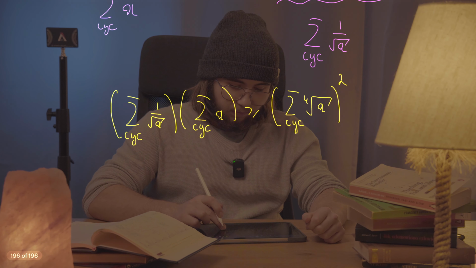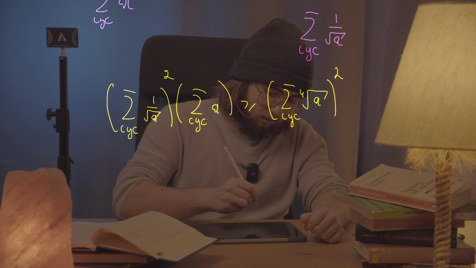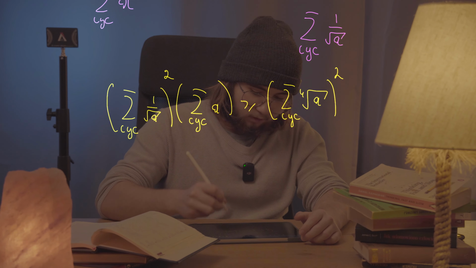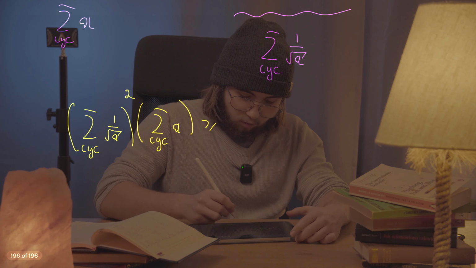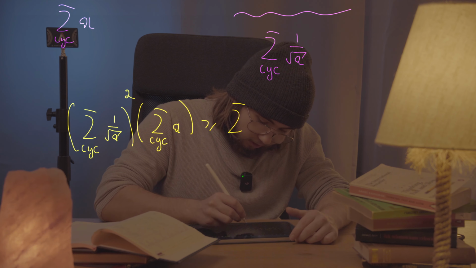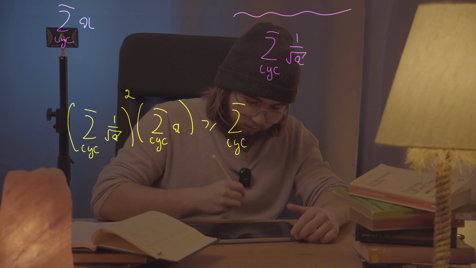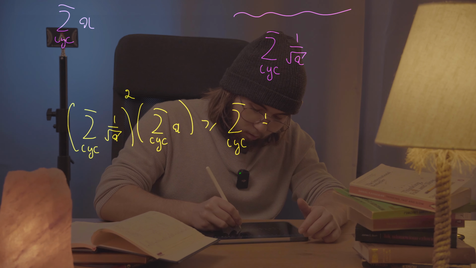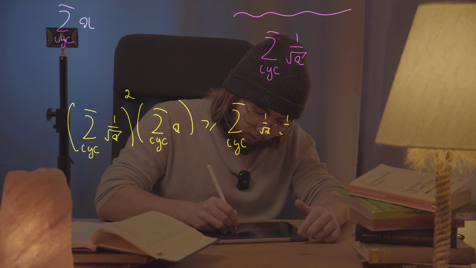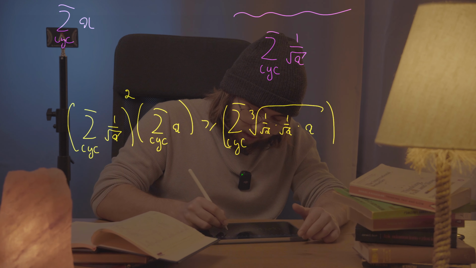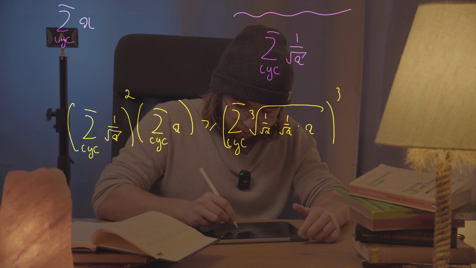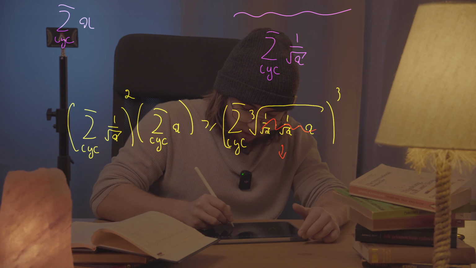But if I were to now square this, what I would get out of this entire inequality by using Hölder would be the cyclic sum of the product of 1 over the square root of a times 1 over the square root of a times a, everything under a cube root and everything cubed, but this thing over here is just a 1.